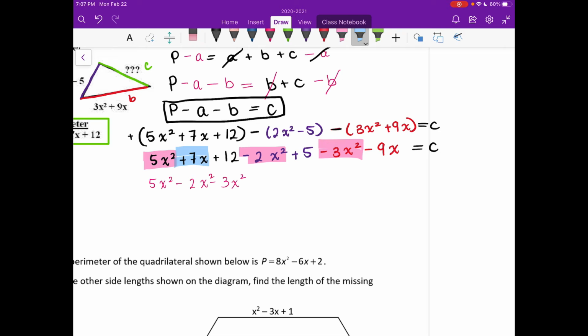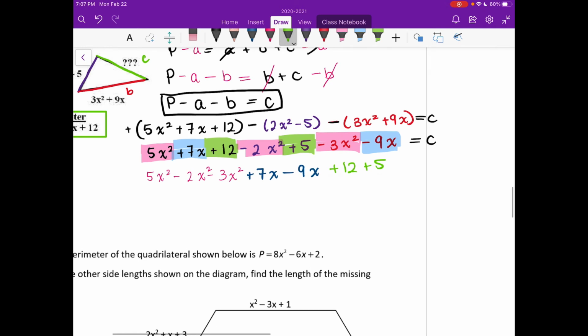So I have +7x minus 9x. There doesn't seem to be any other x, so let's just write that in. And then we're left over with the green. +12, because there's no coefficient, +5, there's no coefficient. So I'm just going to write that in as well in green. +12, +5. Right? And let's just do the math.